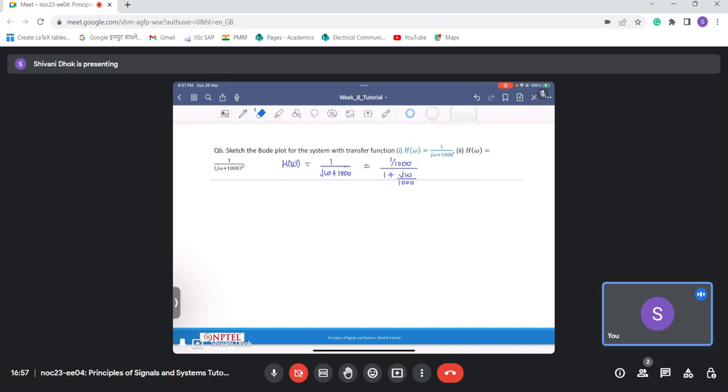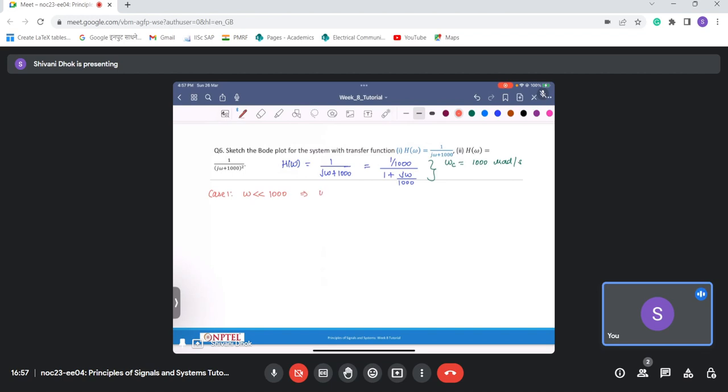So now let us consider the cases. By observing this, what is the corner frequency? The corner frequency is 1000 radian per second. So let us consider case 1, when omega is much less than my corner frequency, that is 1000.